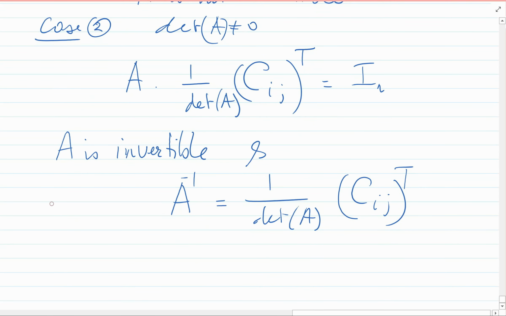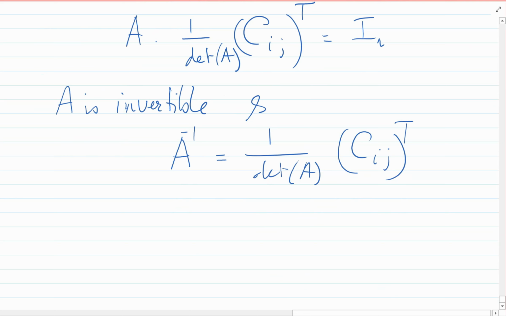Okay? So as we said, the Cij is the cofactor matrix.